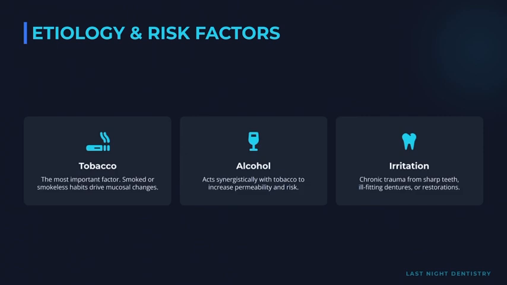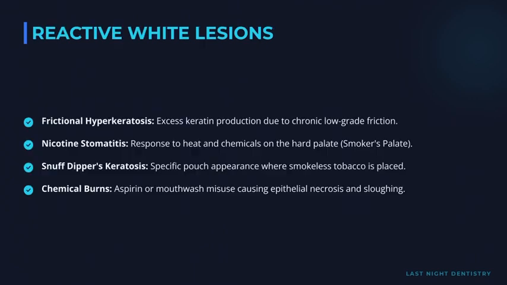Other causes include chronic irritation from sharp teeth or faulty restorations, heat burns, chemical burns, and ultraviolet exposure in lip lesions, known as actinic cheilitis. So clinically, if you see a persistent white patch in a smoker, never ignore it.